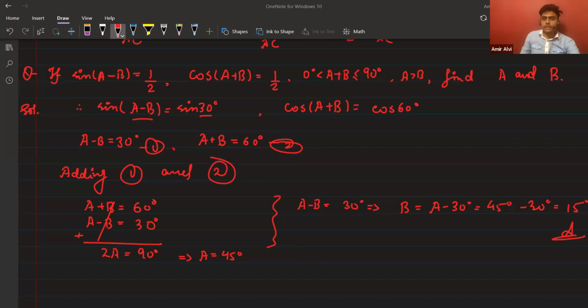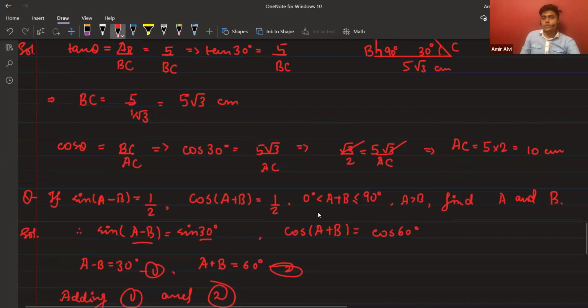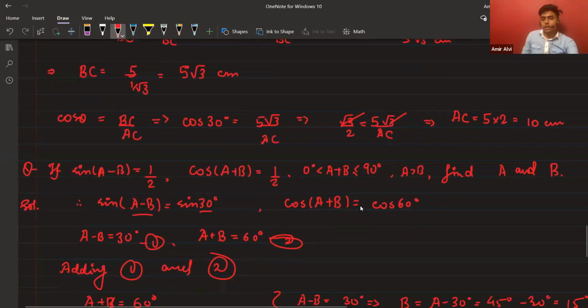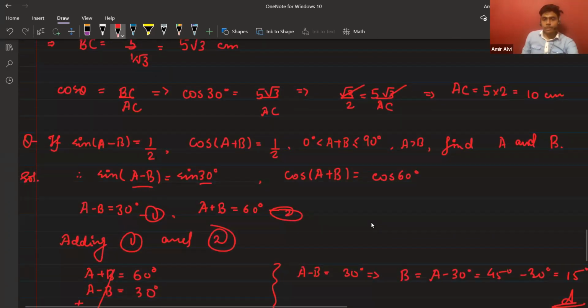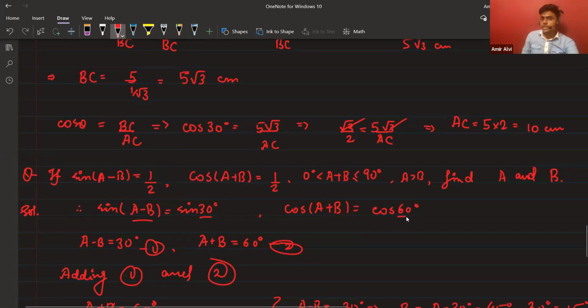Basically, this is a condition, which means that A plus B should be greater than 0 and less than or equal to 90. Adil, please tell me, A plus B here is equal to 60 degrees.